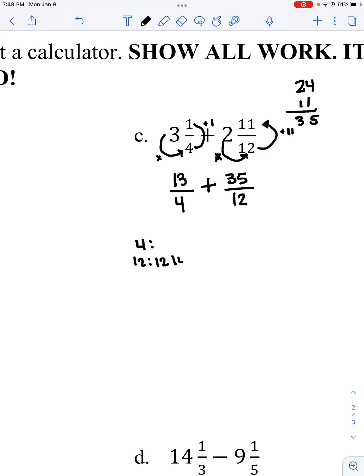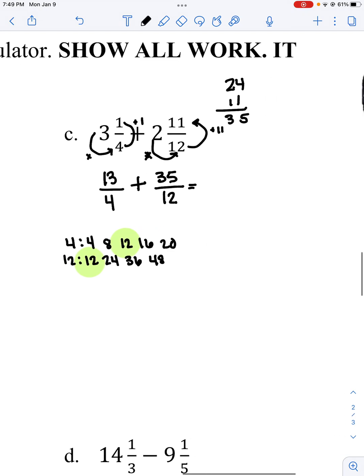I need a common denominator. I'm going to count by 12s first. 12, 24, 36, 48. Then I'm going to count by 4s. 4, 8, 12, 16, 20. My least common multiple is 12.